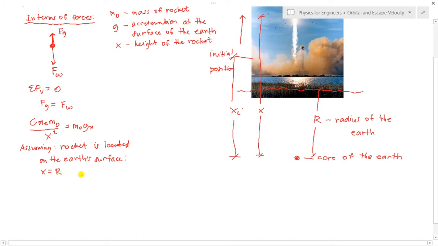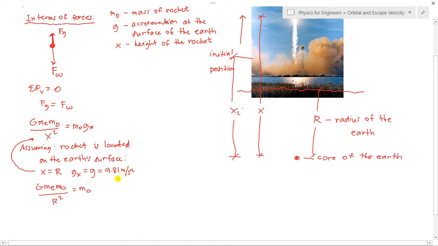So diba ang distance na nato from the core of the Earth towards the Earth's surface is just equal to R. So replacing that one in our previous equation, we now have G, then ME, MO all over R squared is equal to MO, and this time our GX na is equal to G, which is equal to 9.81 meter per second squared.